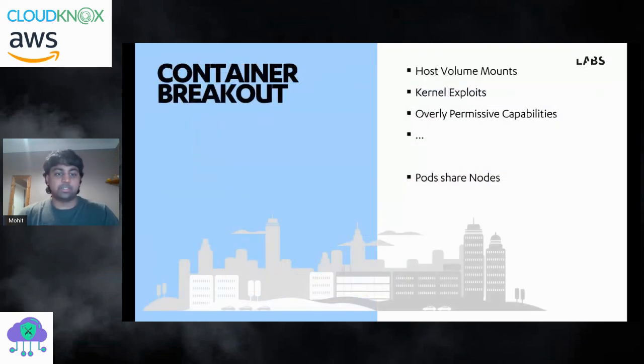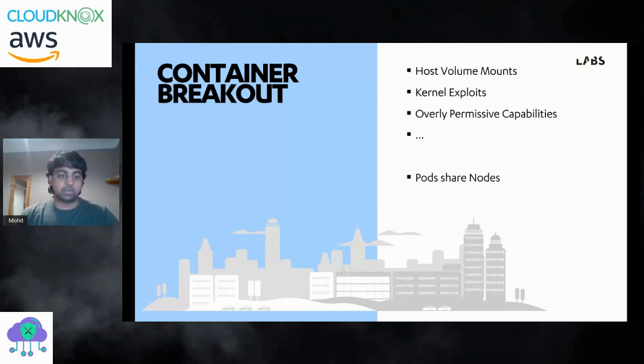Now, when talking about Kubernetes security, one thing that you can't forget is the fact that they are using containers under the hood, and therefore things like container breakouts do apply here. I won't be going into too much detail about all the ways that are possible for container breakouts, but a couple of common ones are leveraging host volume mounts, where folders from the host file system have been mounted into the container, and you can use those to add an SSH key if you have someone's home folder, or, if it's mounted, talking to the Docker socket if using Docker, or all sorts of things.